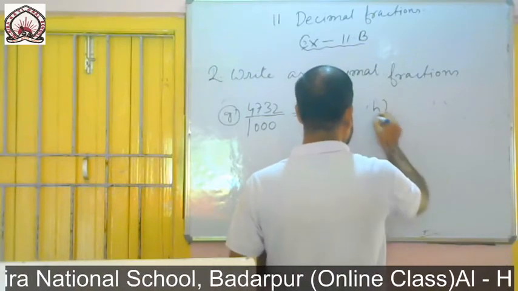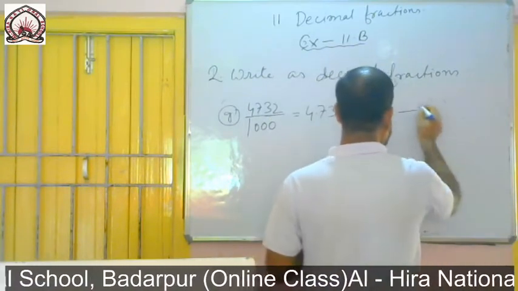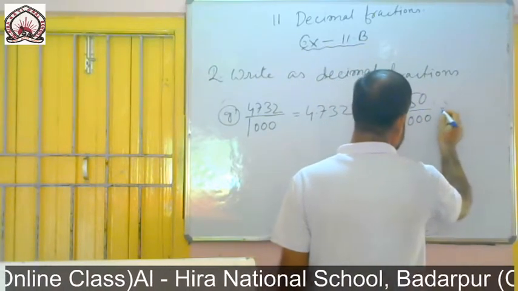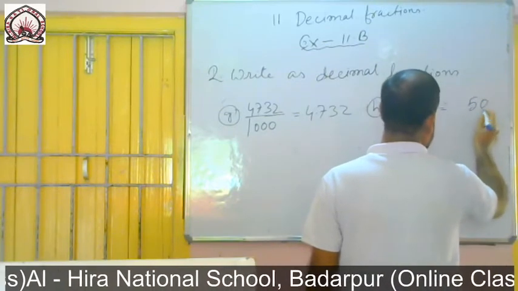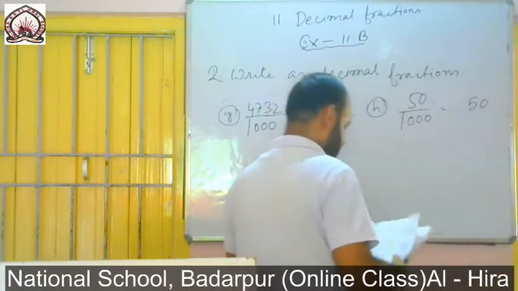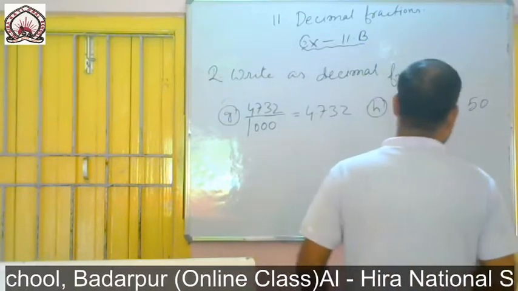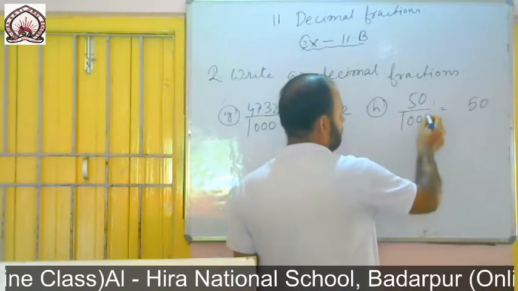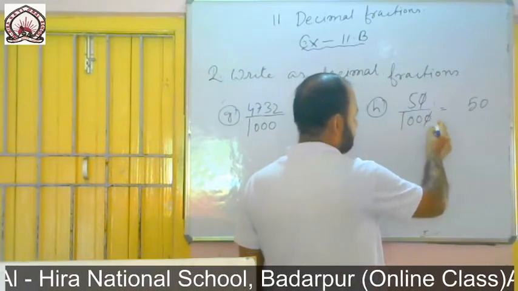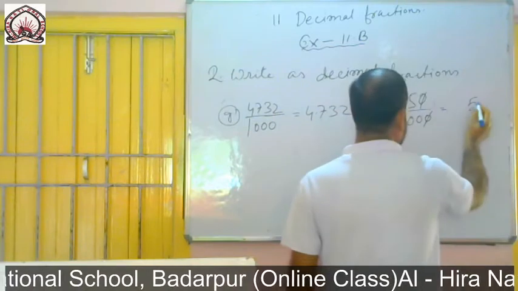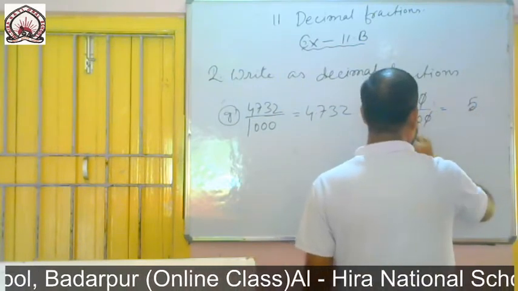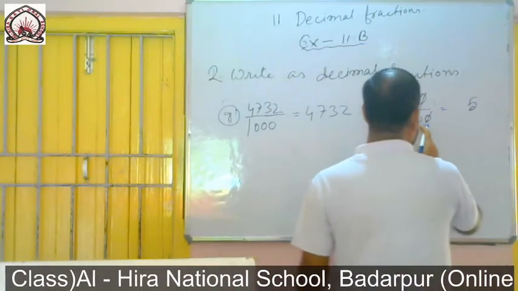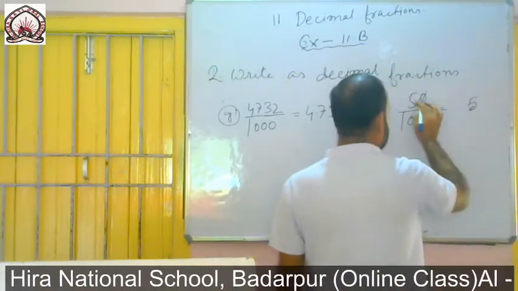Next, question number H: 50 by 1000. Here we can cancel a 10 from both, then only 5 remains in the upper part and 100 in the lower. So 2 zeros are there, but there is only one digit, 5.